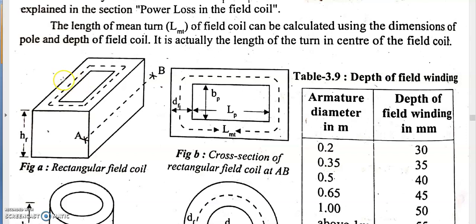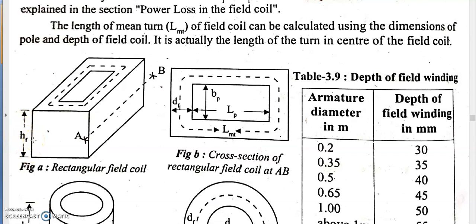This is the depth of the field winding, shown here. So df is the depth of the field winding, and the height of the field winding we have to calculate. Usually the depth of the field winding will be assumed. Then, depending upon the number of turns in the available field winding space, we will calculate HF.